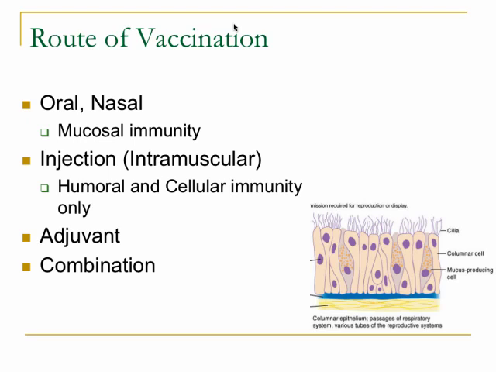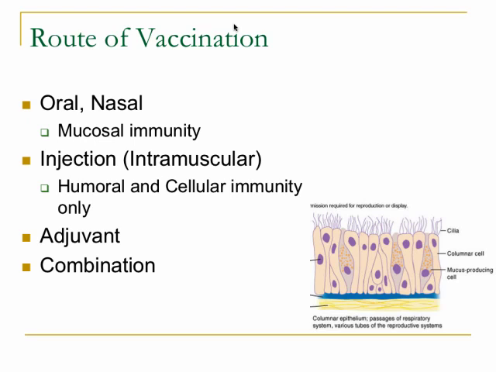So the advantage of this in the case of a pathogen like poliovirus, which infects the epithelial cells lining the gut, is that you get immunity to the virus right where it would find its host cell, so on the mucosa. But you can also get protection by injection, and that induces both humoral and cellular immunity, not mucosal immunity.